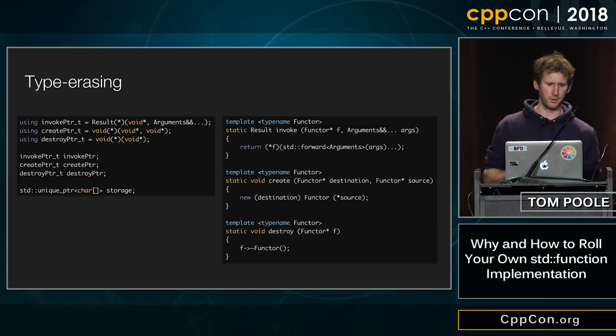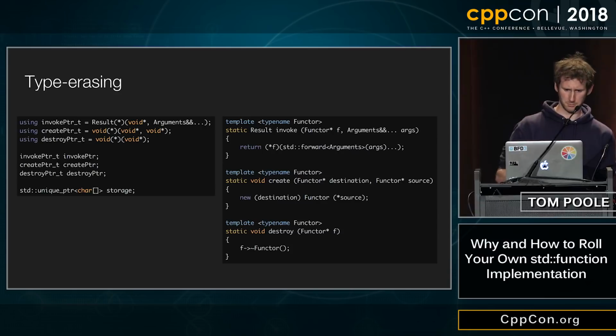This is the approach that libstdc++ uses, and it's a set of type-erased function pointers. So on the left-hand side here, you can see that we have some type-erased storage, just an array of characters. And we have some function pointers, where the types of all these function pointers are a sea of void stars, result type, and your arguments.